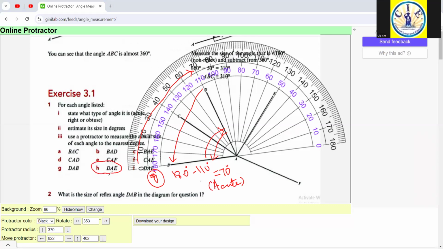Now part H, DAE. We need to measure this angle. The end value is 130 and starting value is 70.